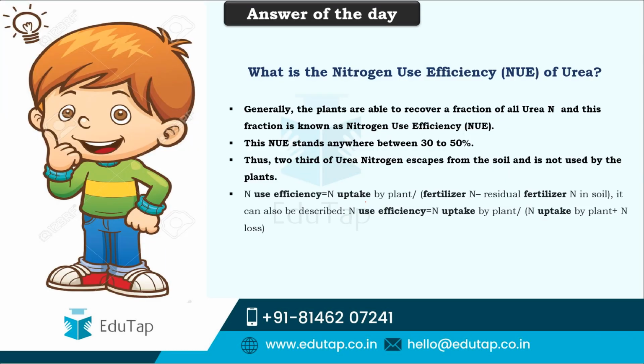So friends, next comes the most awaited section of our lecture, that is the answer of the day. In the previous lecture I had asked you a question, what is the nitrogen use efficiency of urea? And here, see, what exactly is this nitrogen use efficiency? The plants will not be able to utilize the entire nitrogen content of urea. Only a fraction of it can be utilized by the plants, which is known as the nitrogen use efficiency.